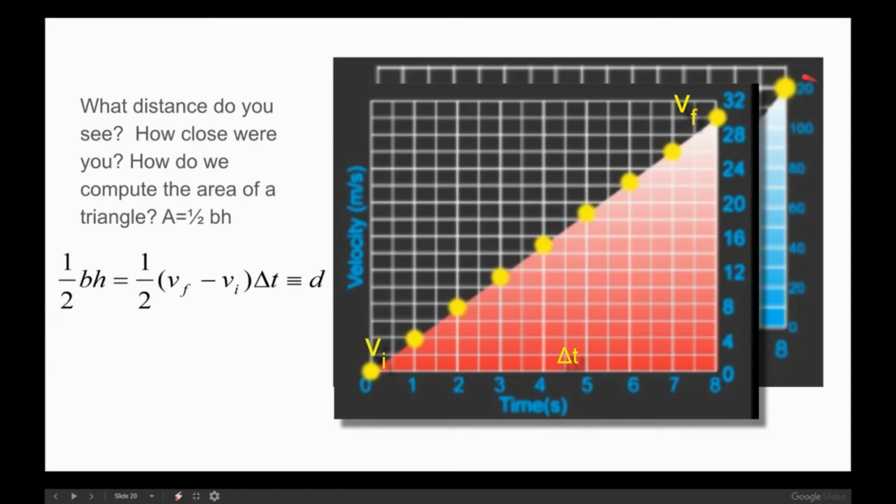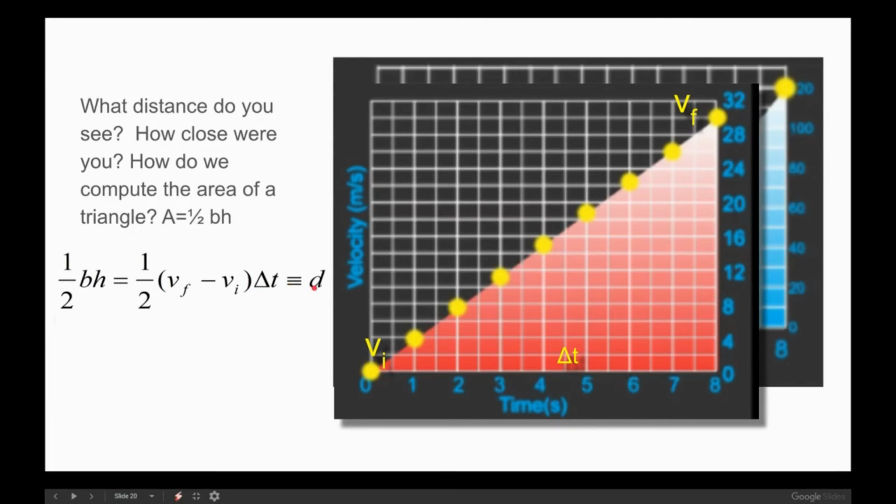And you see there's the actual final distance of 120 meters. The area of a triangle is 1/2 base times height. Now what's the height of this triangle? VF minus VI. And its base is delta T. So if I do half change in height times delta T, that should give me the distance traveled, the area under the curve.